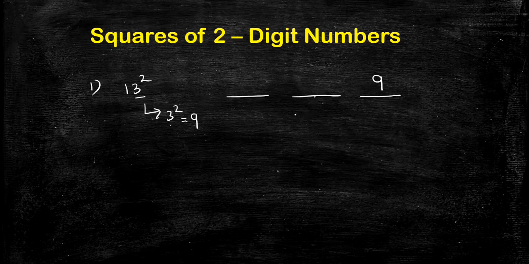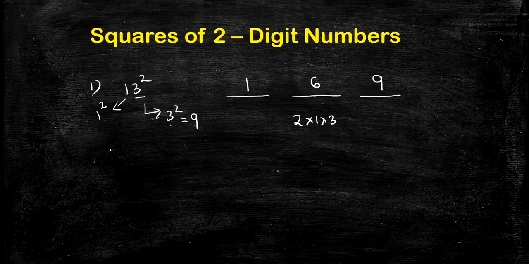The middle part has 2 times the product of the numbers, 1 into 3. So it is 6. And this one would be the square of the first number, 1 square, which is 1. So we get that the square of 13 is 169.